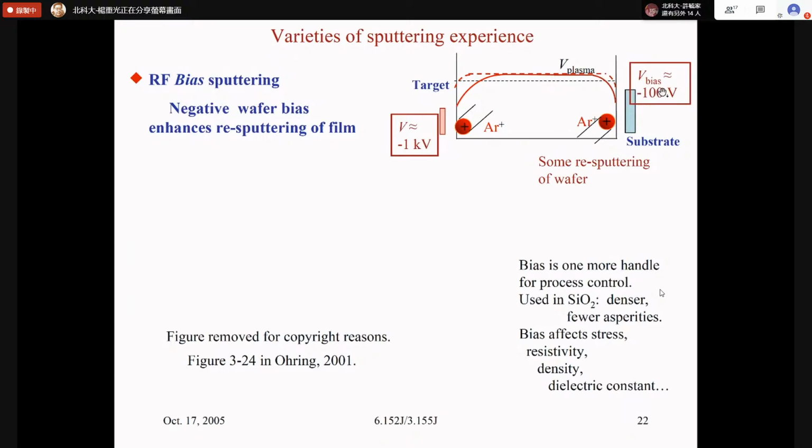So that's quite interesting that the bias can affect the film quality, including the stress, the density, the electrical resistivity. So it's quite an interesting topic that we would normally use bias voltage, especially negative wafer bias, to enhance resputtering of film.